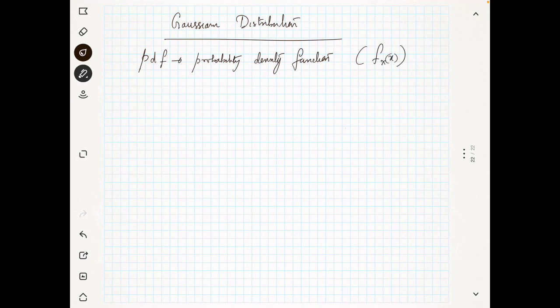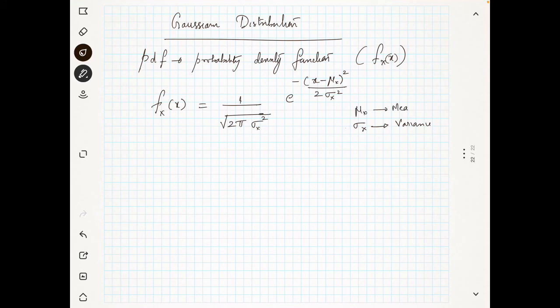For the Gaussian distribution, fx of x is nothing but 1 by square root of 2 pi sigma square, where sigma square is inside the square root, into exponential of minus x minus mu x the whole square by 2 sigma x square. Here sigma x square is the variance of the random variable x, and mu x is the mean of the random variable x.